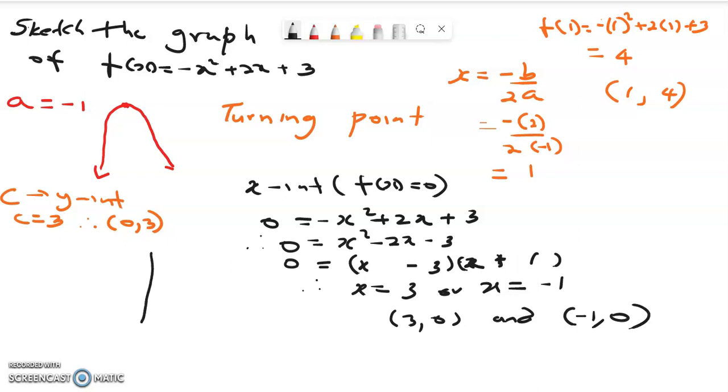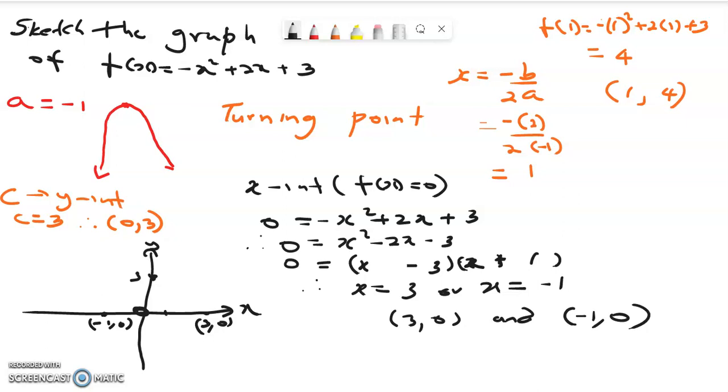So we can now draw our graph, remembering that our graph will be concave down. So we have an x intercept at -1 and 0. Then we have another one at 3 and 0. We have the y intercept at 0 and 3. Then we have the turning point, with the y-axis and x-axis meeting here at the origin.